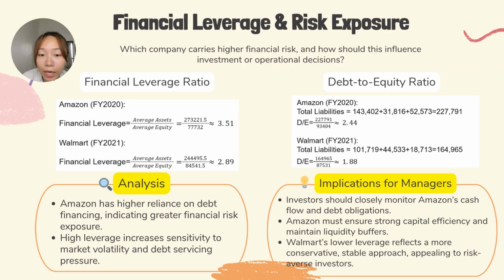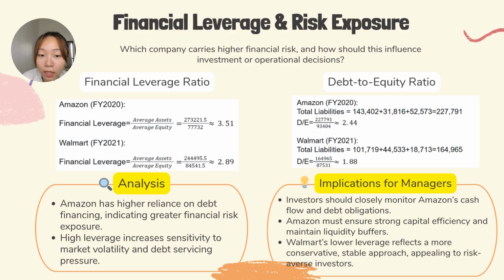So in Amazon's case, its capital-intensive investments, especially in logistics and cloud infrastructure, require continuous funding, making the company more sensitive to credit market conditions. So for investors, this implies the need to closely monitor Amazon's debt-servicing ability and operational cash flow.